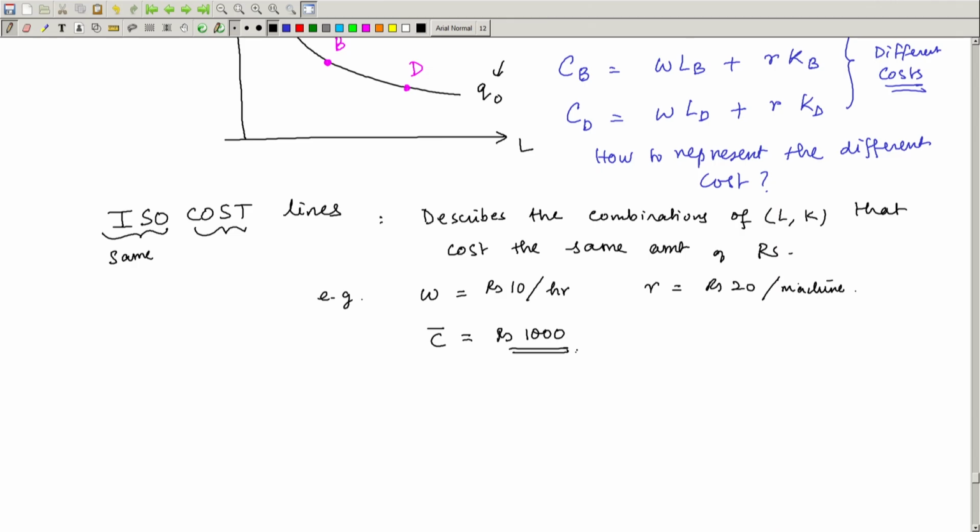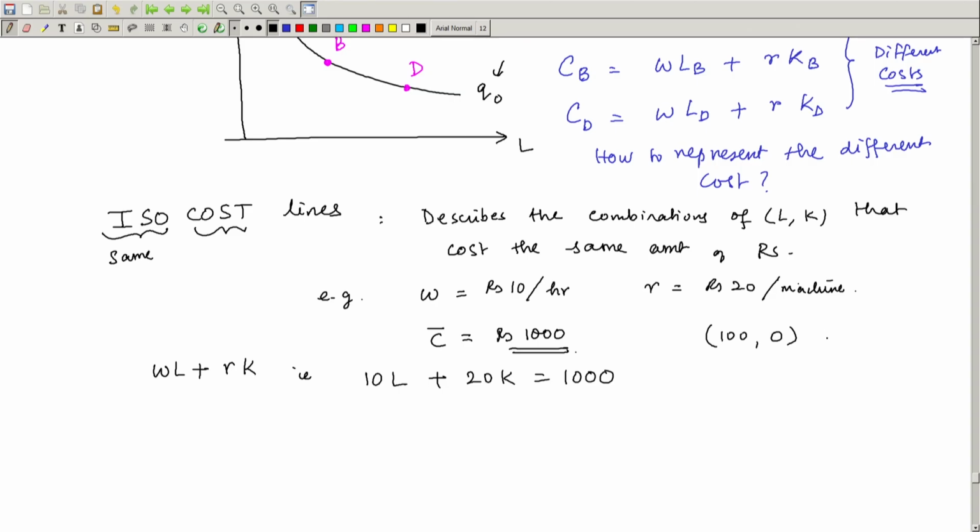Now I can find out all combinations of labor and capital that are going to cost me 1000 rupees. So essentially, I can identify all combinations WL plus RK, which is essentially 10 times L plus 20 times K, which is going to cost me 1000 rupees, right? In fact, one combination could be that I don't use capital at all, K is 0, and I essentially use 100 units of labor.